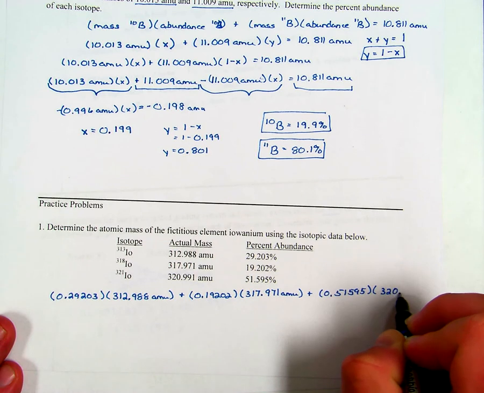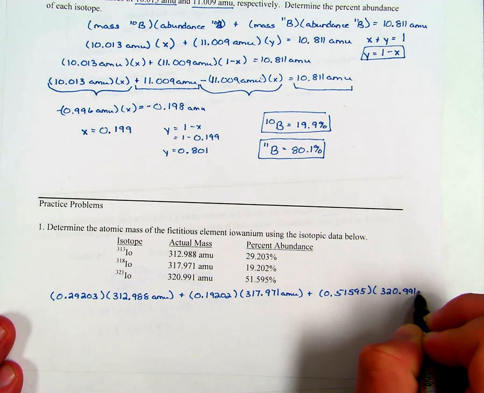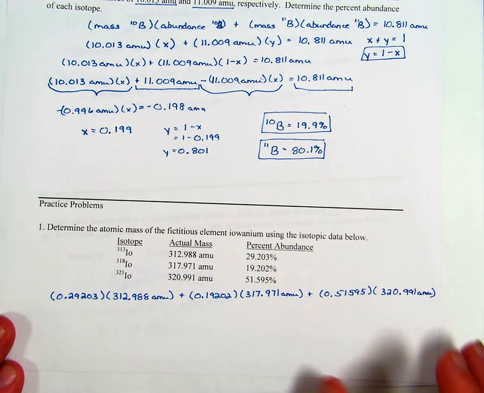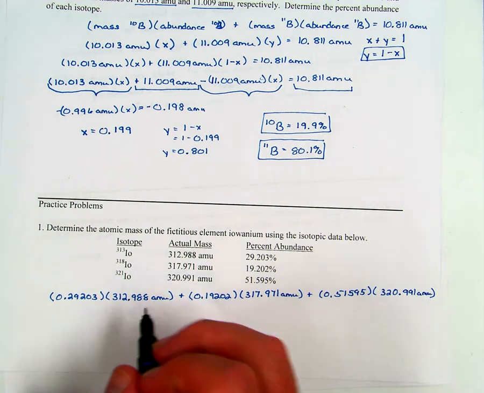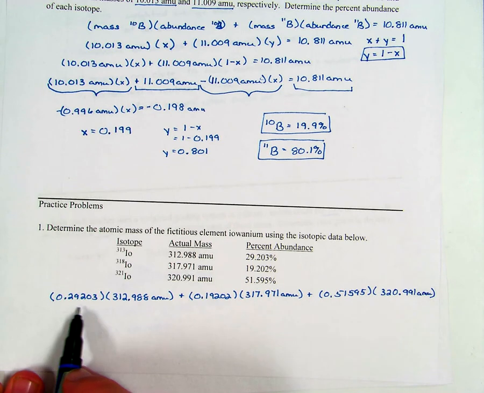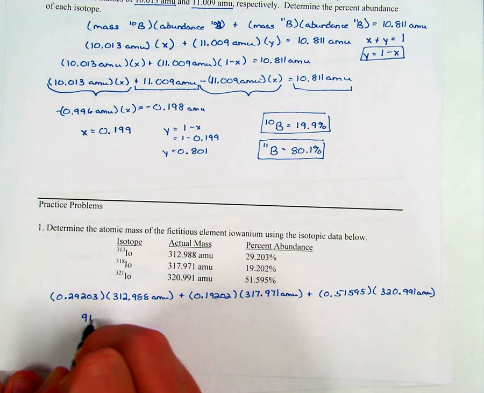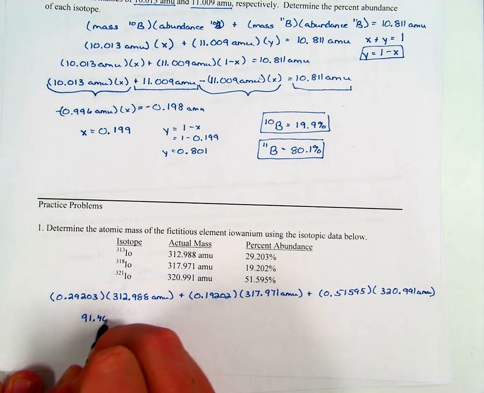All right, so again, when you plug this in the calculator, do the multiplication first. For the first one, looks like we get 5 sig figs. I get 91.402 AMUs to 5 sig figs. Looks like each of these we're going to get 5 sig figs.